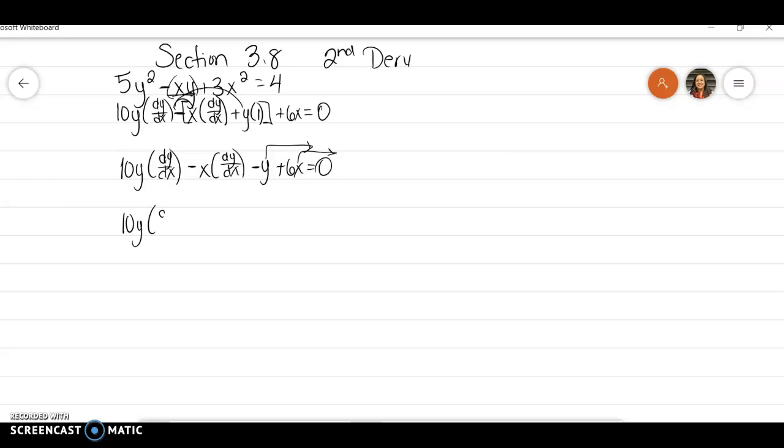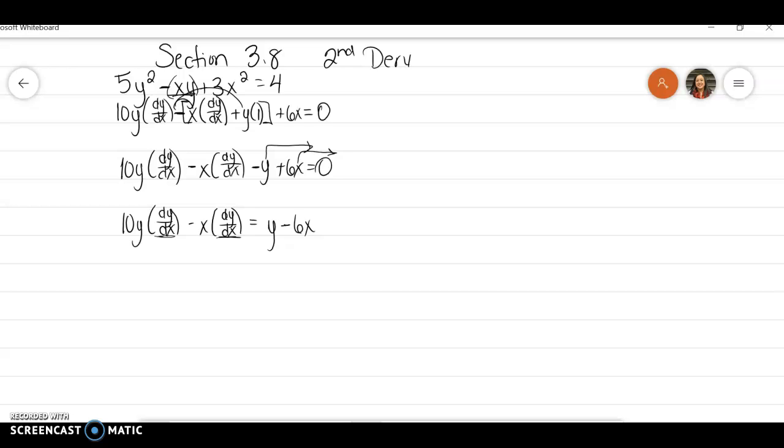So that would leave everything with a dy over dx to the left. And on the right hand side, I could rewrite that as y minus 6x.